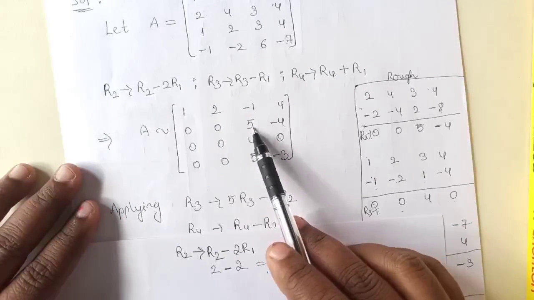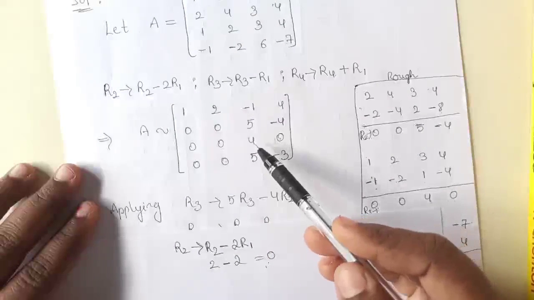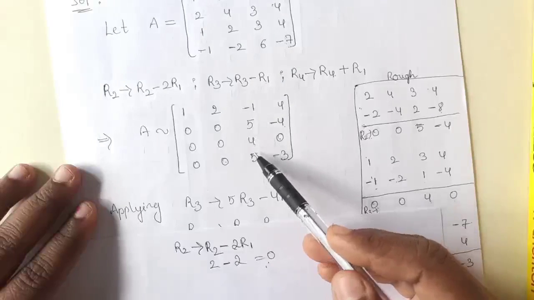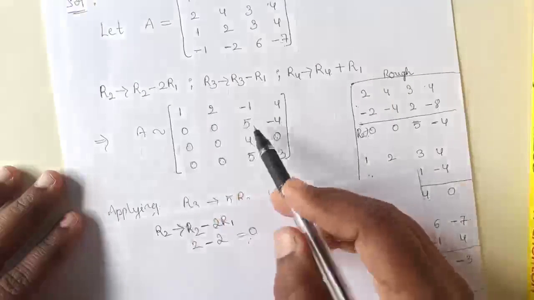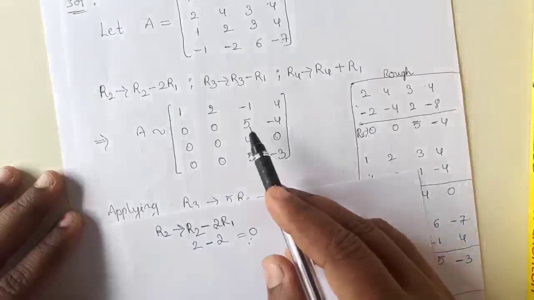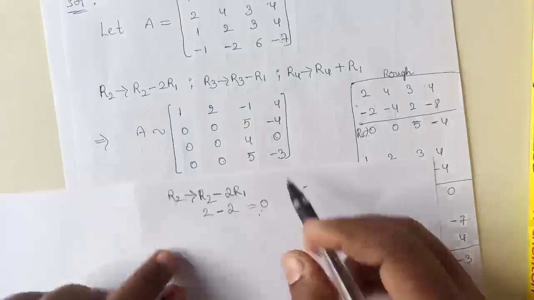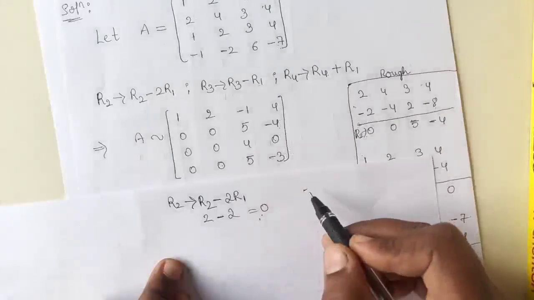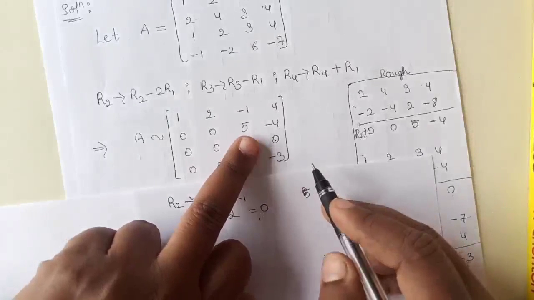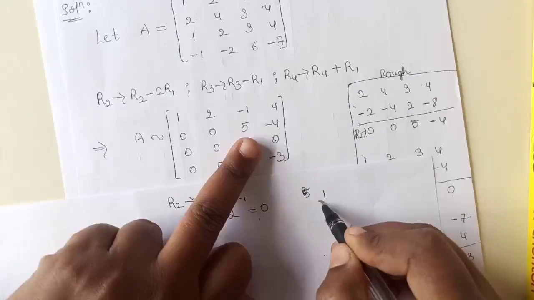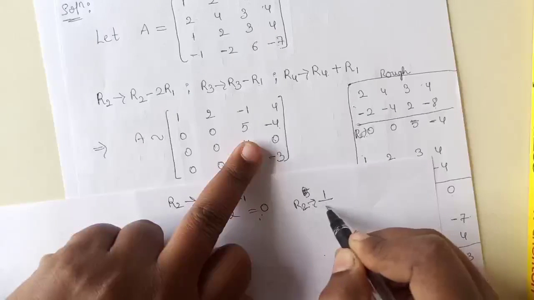Before making this 1, we make these two entries 0, because if you make this 1, then we will get this entry in fraction, that is 5 by. In order to make this entry 1, we have to multiply R2 by 1 by 5.